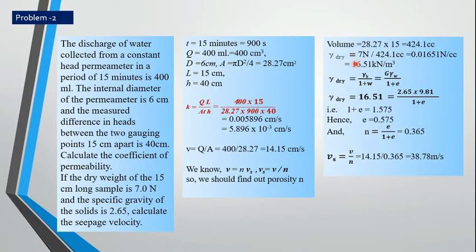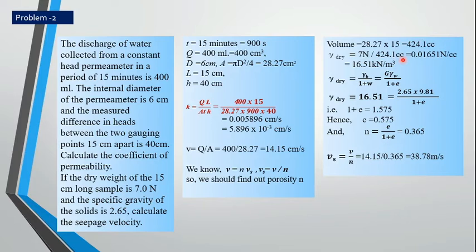Now volume of the specimen is 28.27, which is cross-sectional area multiplied by the length of 15, 424.1 cc. So gamma dry is nothing but weight divided by volume. Weight is given to be 7 newtons. Volume is 424.1 cc.